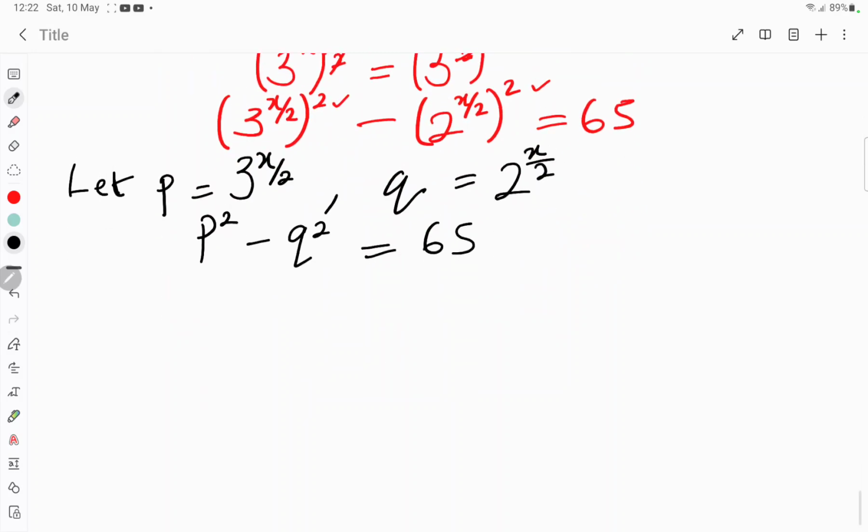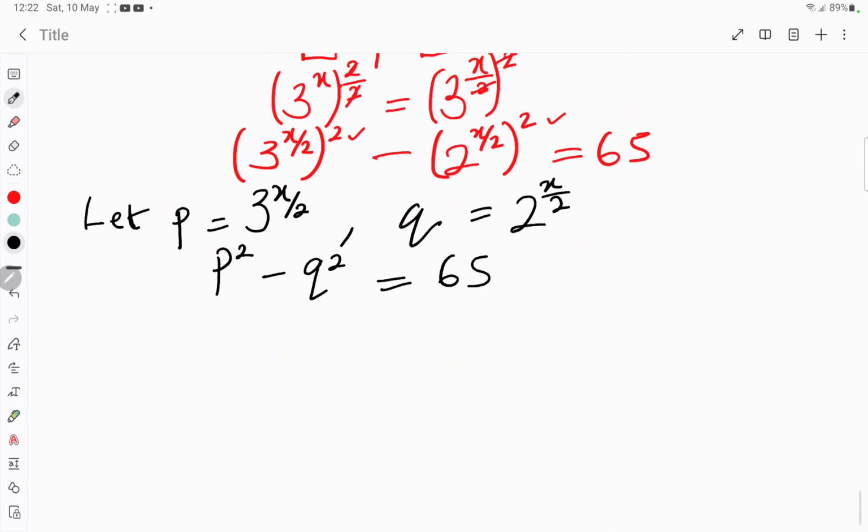On this, you can now see that this is clearly a difference of 2 squares problem. In difference of 2 squares, we agree that if you have a squared minus b squared, that is the same thing as a plus b into a minus b.